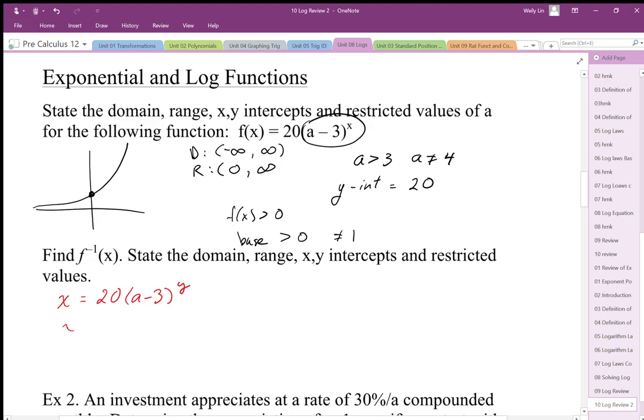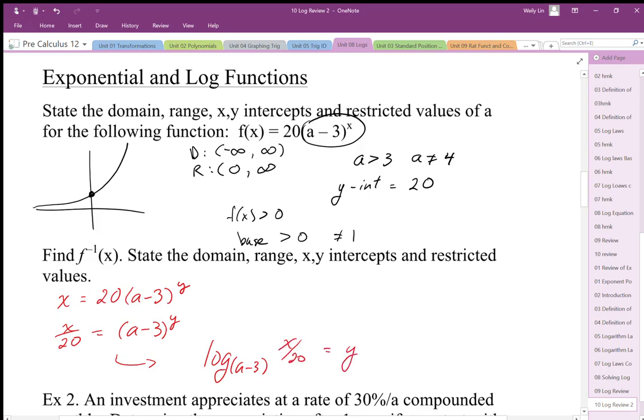Before I do that, I'm going to divide by 20. And now I'm going to convert it into log. Log base a minus 3, the base of the exponent, the base of the log should be the same. The argument is going to be x over 20, and that's equal to y.